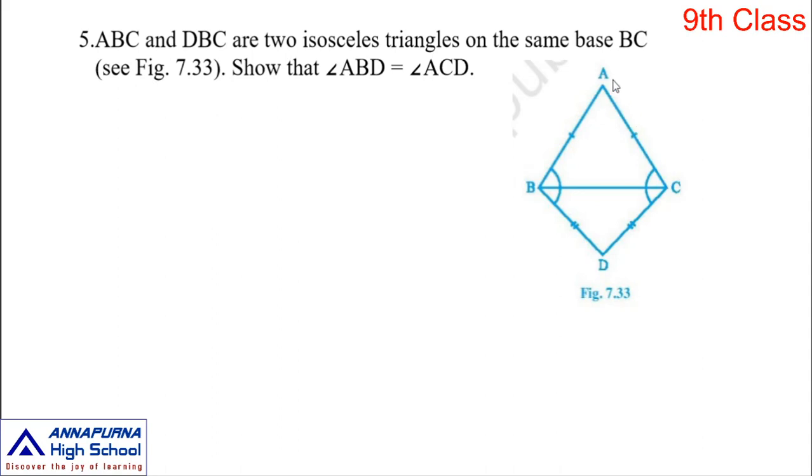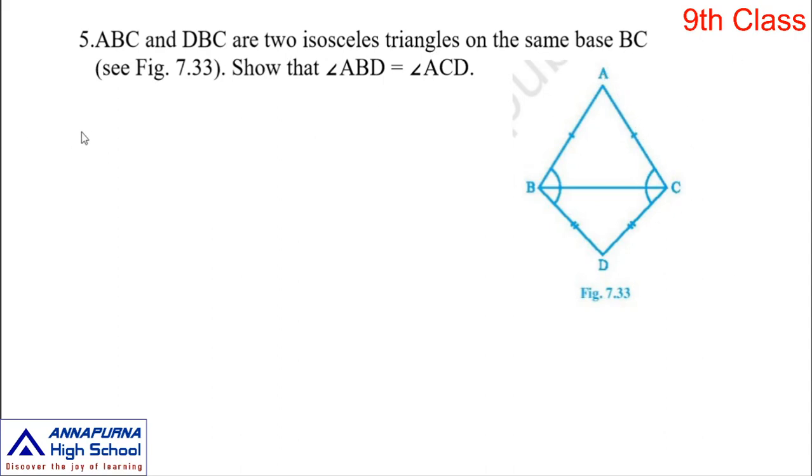AB is equal to AC. So ABC is an isosceles triangle, and DBC is another isosceles triangle. BD is equal to DC. We have to show that angle ABD is equal to angle ACD.